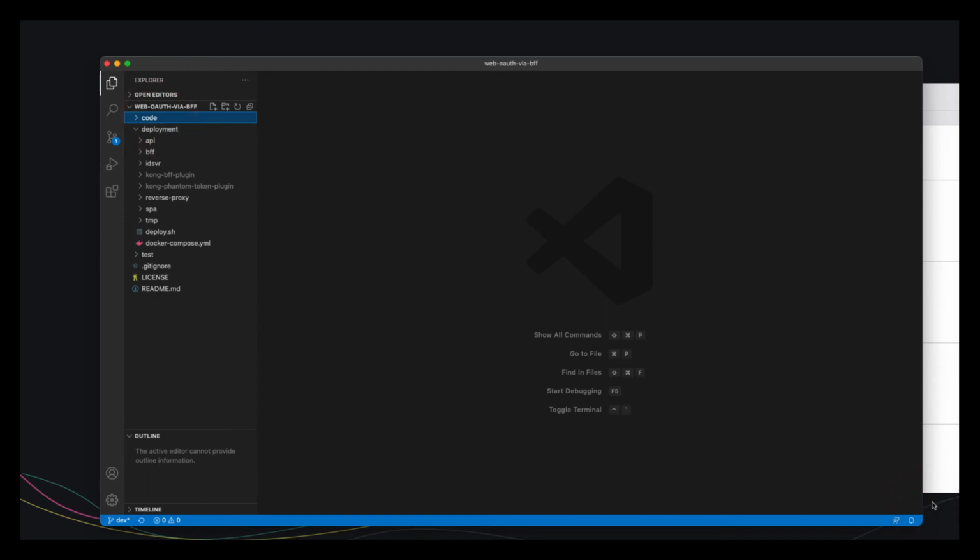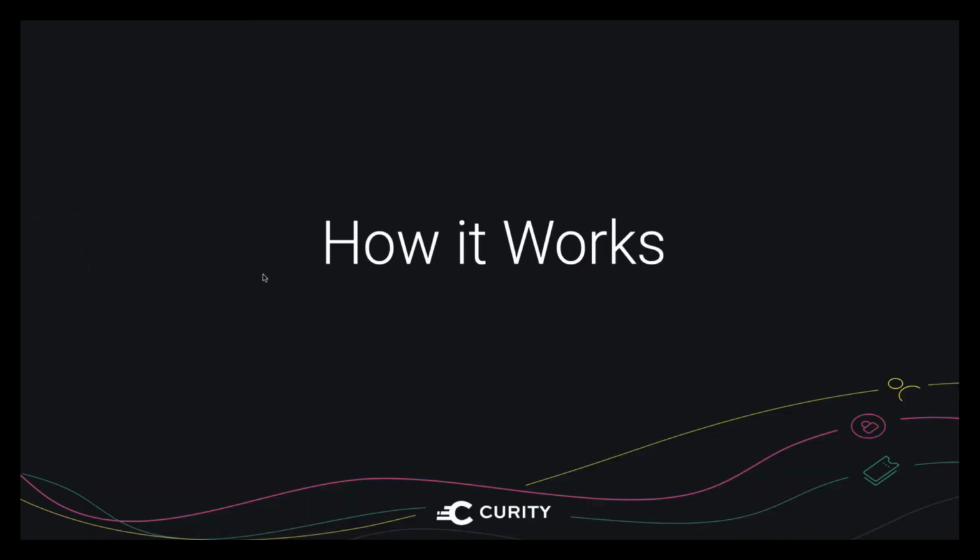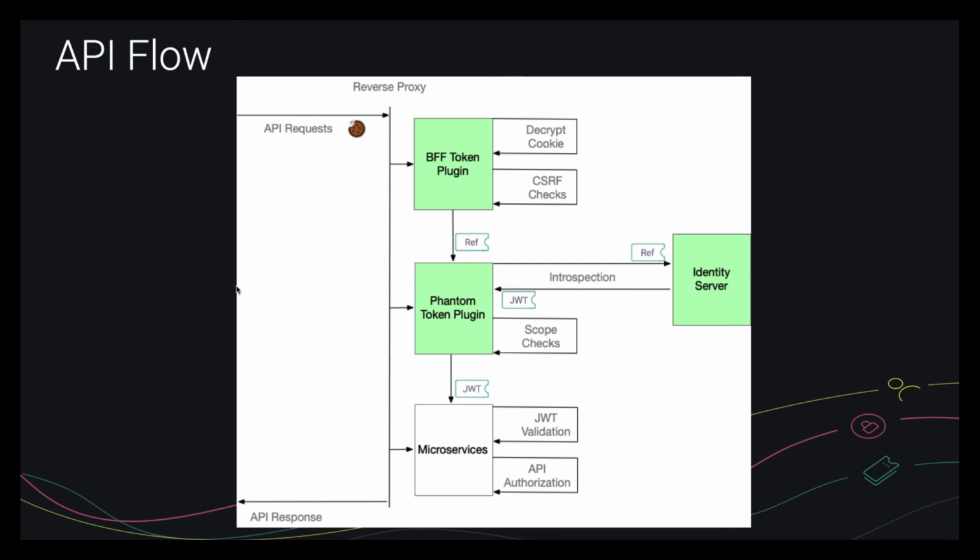Next, let's look at the API routing. So this is probably one of the interesting parts. If you're familiar with Curity and our recommendations around security, you'll already be aware of the Phantom Token plugin, which introspects an opaque reference token, retrieves a JWT, optionally issues scope checks, and then forwards the JWT to APIs.